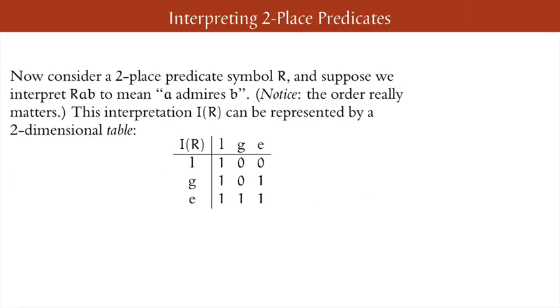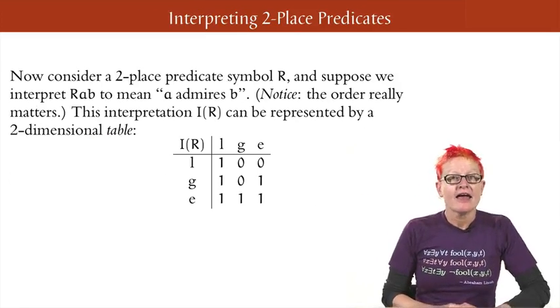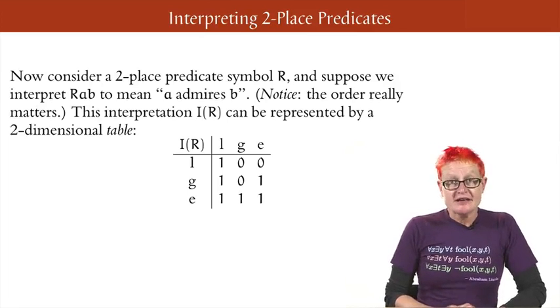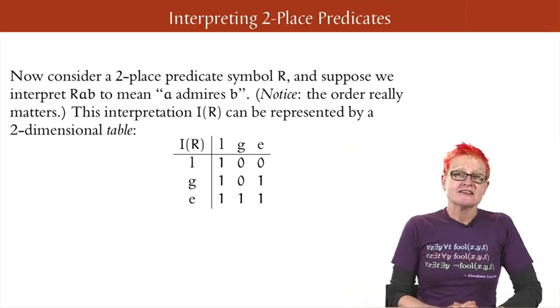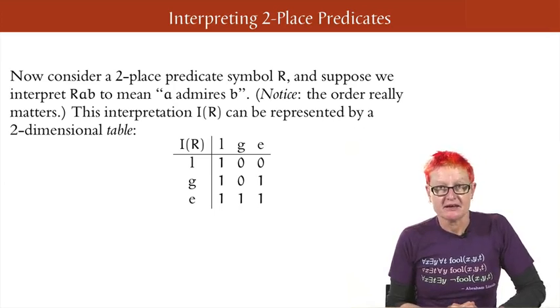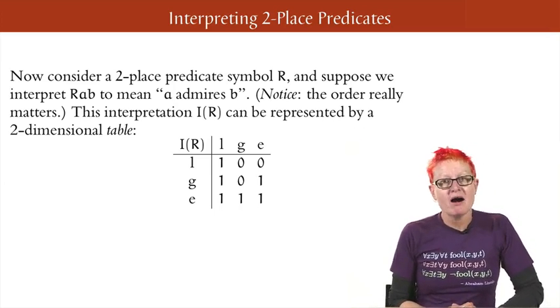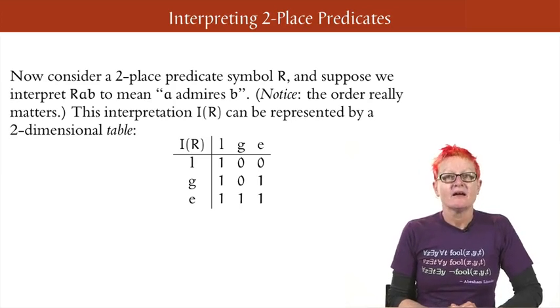Now, consider a two-place predicate symbol R, and suppose we interpret R(A, B) to mean that A admires B. So the first admires the second.